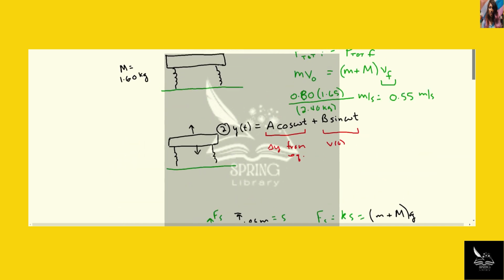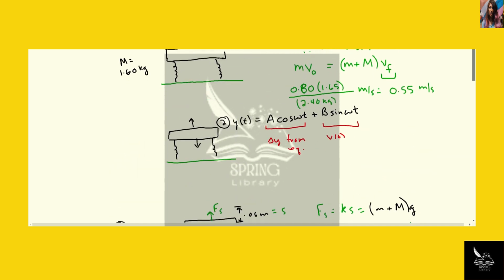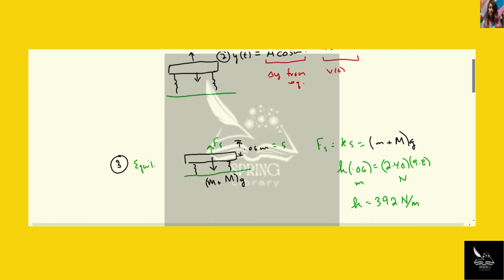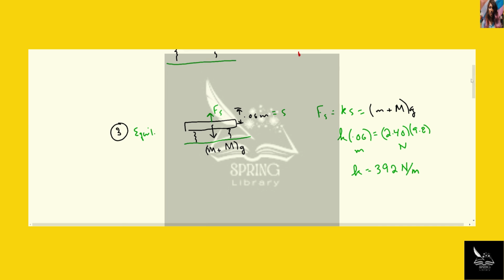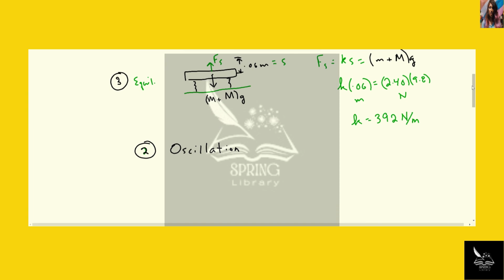Now, why we need that spring constant is you'll notice in the dynamics in equation 2, we need the angular frequency of oscillation. So let's take a little bit closer look at step number 2 with the oscillation. We're going to assume a harmonic oscillator. We'll leave out the damping and just assume the damping is negligible for the time period we're interested in.